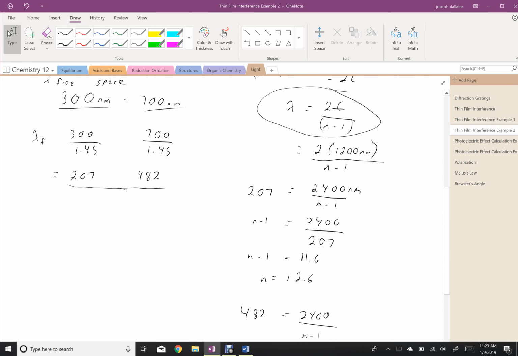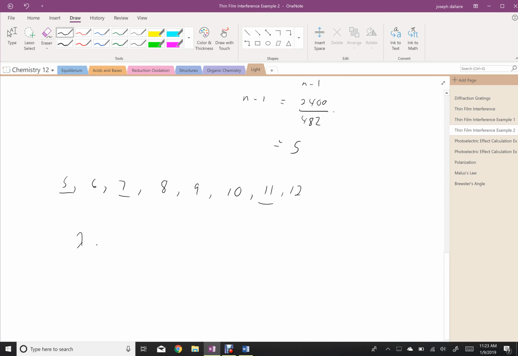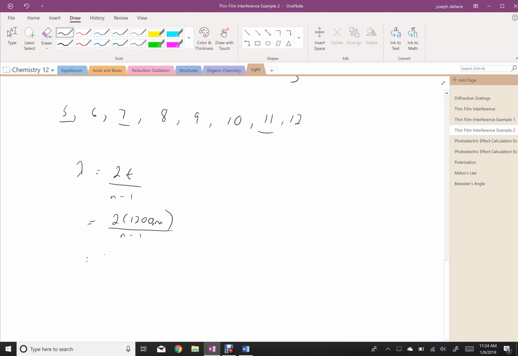Anyway, here's the important equation that I'm going to use. Lambda equals 2t on n minus 1. So 2 times 1200 nanometers on n minus 1, and so that'll be 2400 nanometers on n minus 1.